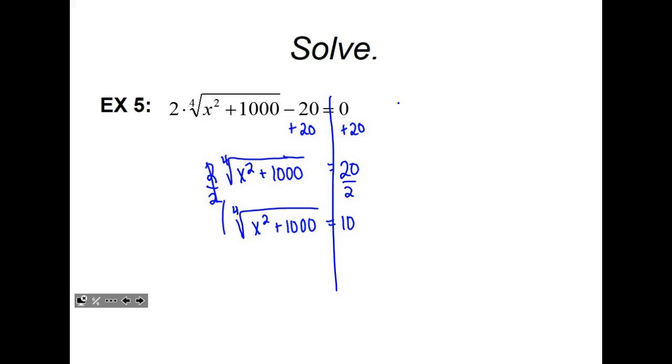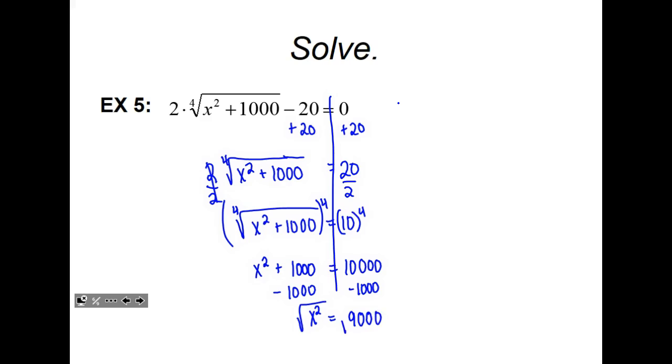Then I'm going to raise both sides to the fourth power. So I will get x squared plus 1,000 equals, and here this is going to be 1 with 4 zeros, so I get 10,000 here. I'm going to subtract my 1,000. So I get x squared equals 9,000.